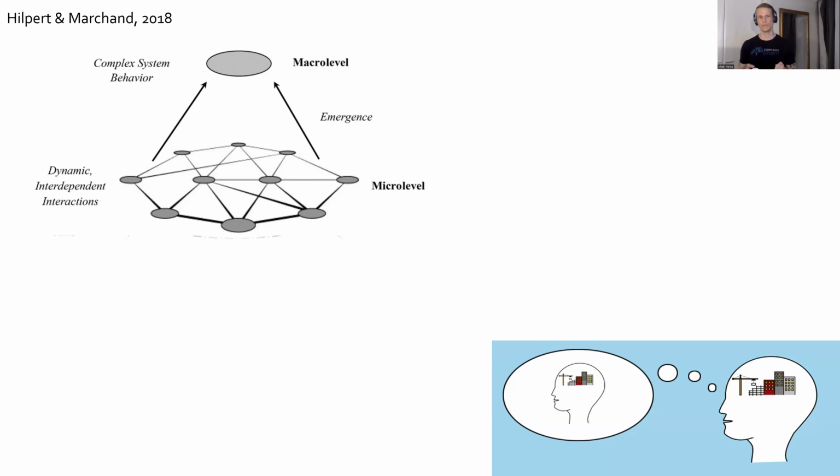Or we could have a person who is trying to quit smoking. Each decision they make, whether they light a cigarette or they don't, doesn't easily translate to whether they could be considered a smoker or not on the macro level.